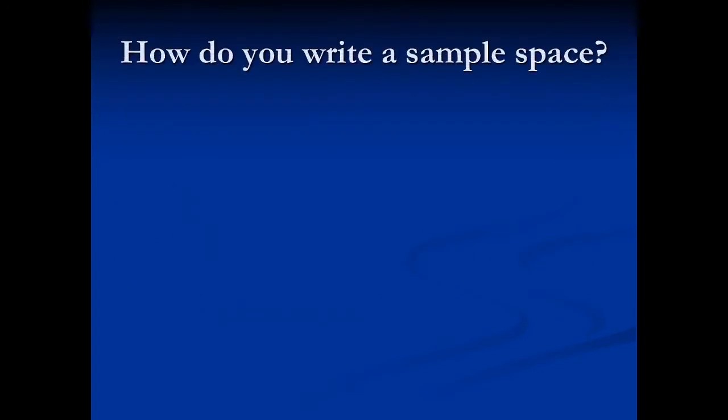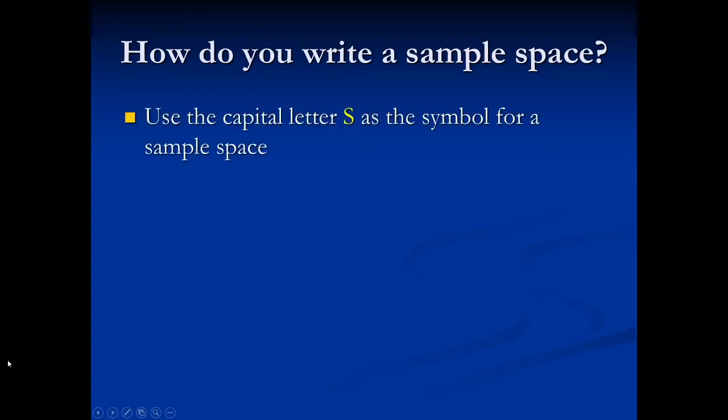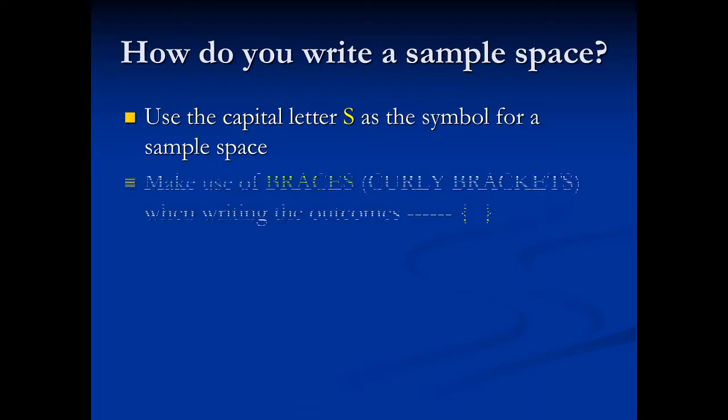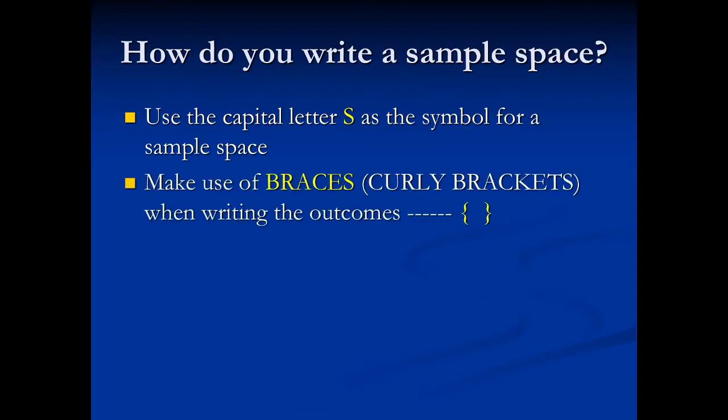Now let's begin with this one. How do you write a sample space? Use the capital S as the symbol for a sample space. Make use of braces, that's the curly brackets, when writing the outcomes, because a sample space is a set. And when you write a set, you make use of braces.